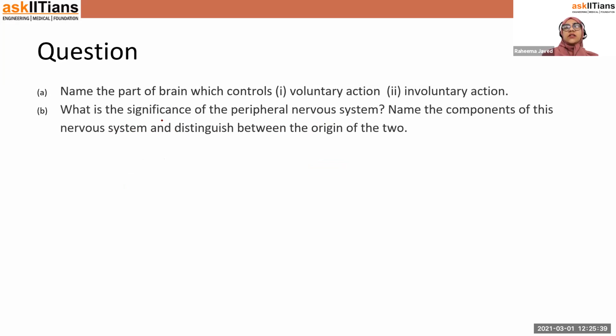Name the part of the brain which controls voluntary action and the one which controls involuntary action. What is the significance of the peripheral nervous system? And name the components of this nervous system and distinguish between the origin of the two.